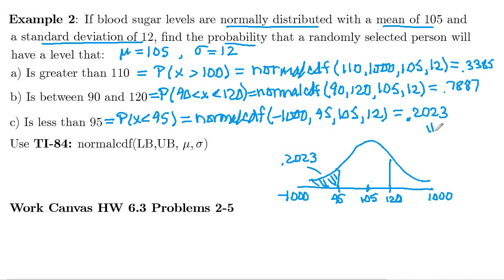So 0.2023 is also the probability that X is less than or equal to 95. Because if you just include the line at 95, you haven't added any more area in there. And the same thing up here. We could have less than or equal, and greater than or equal, and those wouldn't change the way we do the problem. So whether it's a strict inequality or not a strict inequality, you do things the same way.